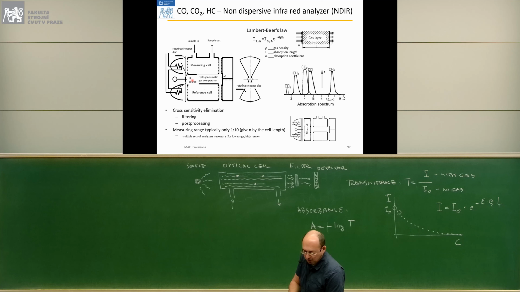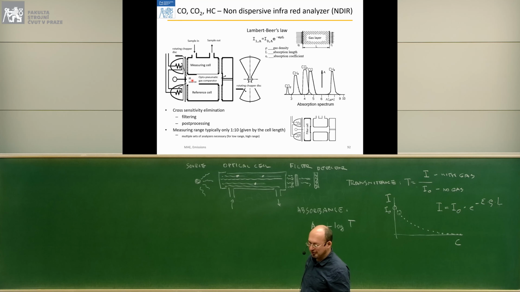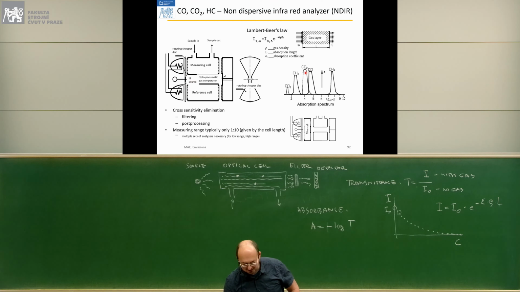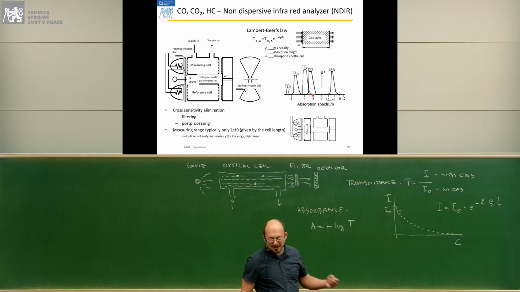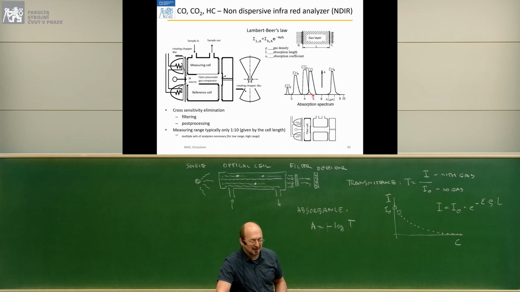I will later show you some infrared spectra from which we will see that not all the compounds can be measured by infrared spectroscopy. You can measure the compounds for which you find absorption regions like carbon monoxide and carbon dioxide, where what you are trying to measure is absorbing nicely in some range of wavelength, and at the same time no other compound is absorbing.